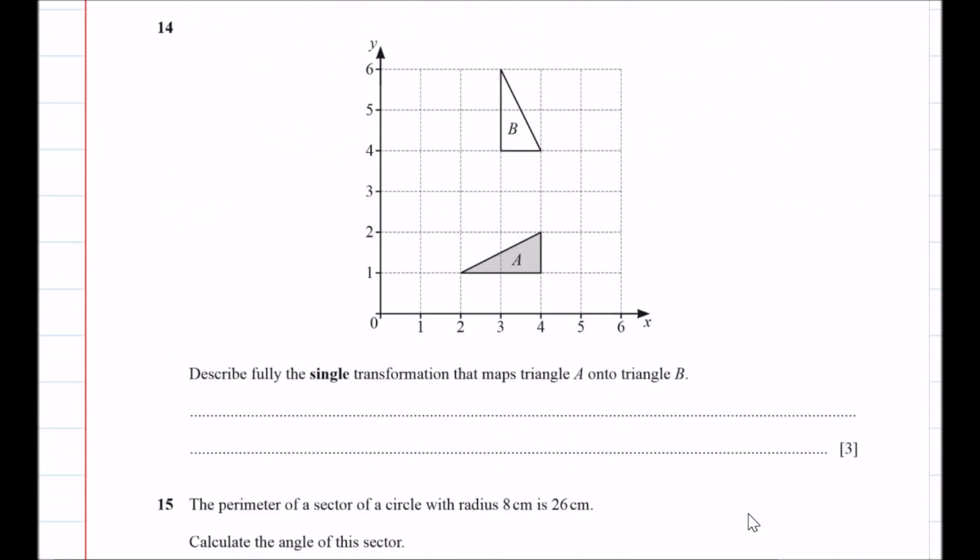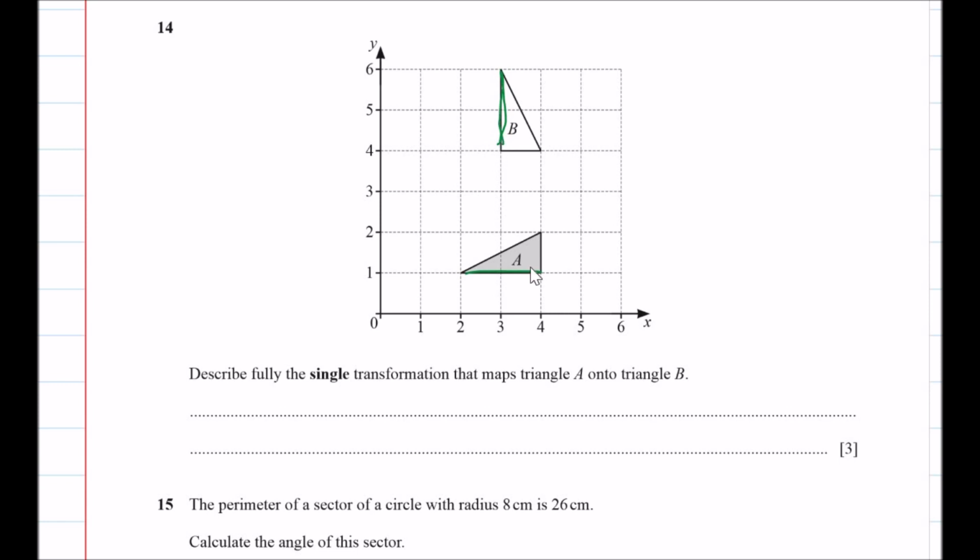Now, describe fully the single transformation that maps triangle A onto triangle B. So triangle A into triangle B, you can easily observe here that this base, which was here horizontal, now it became vertical here.